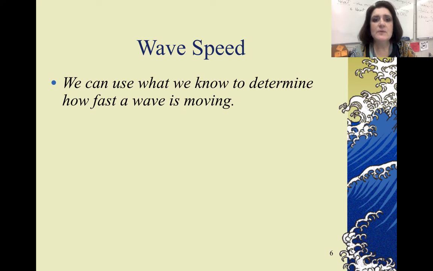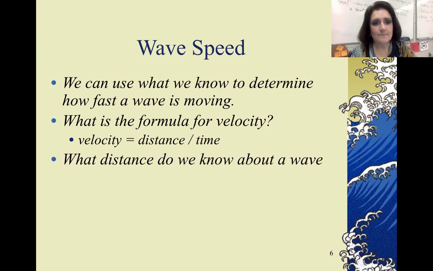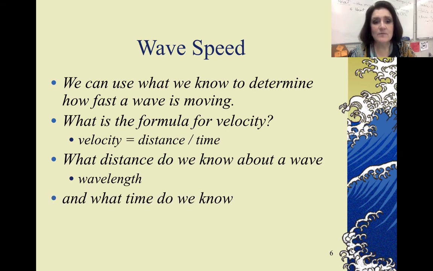We can use what we know to determine how fast the waves are moving, and this will be the wave speed. So think back, what was our formula for velocity? Well, velocity is distance divided by time. The distance we know about a wave is the wavelength, and the time that we know is the period.